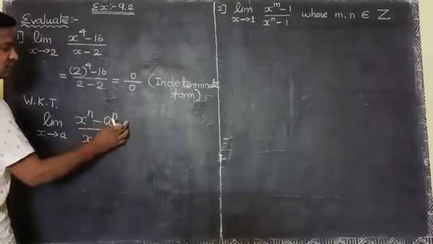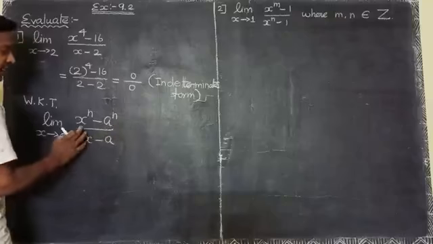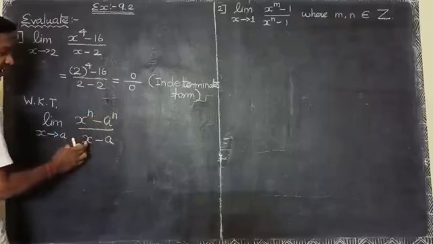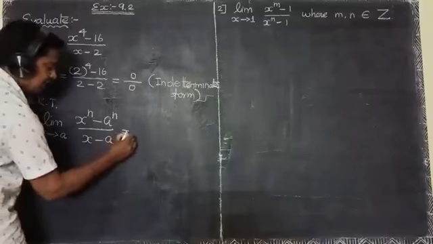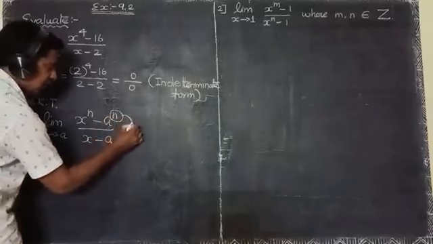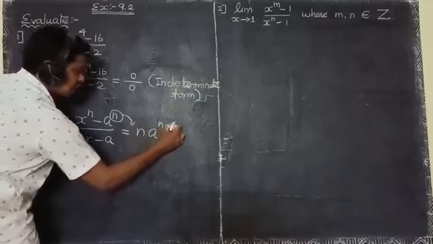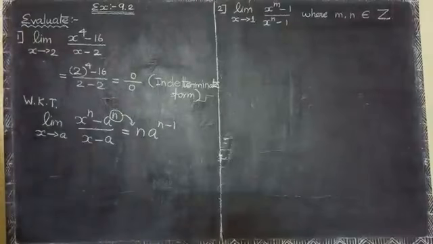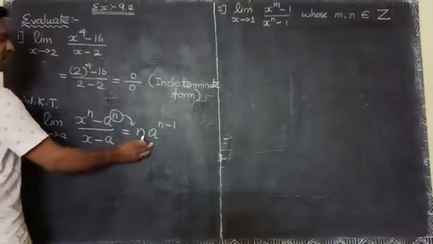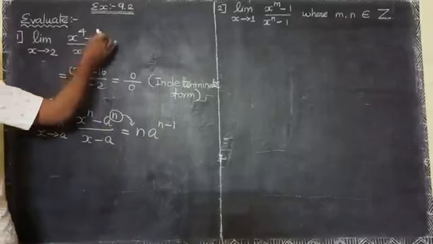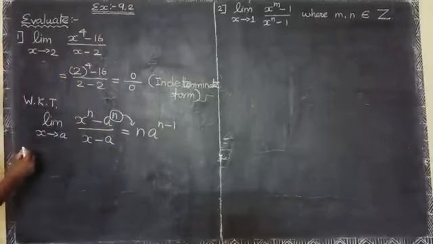The limit of x power n minus a power n divided by x minus a is equal to n into a power n minus 1. This is the property.